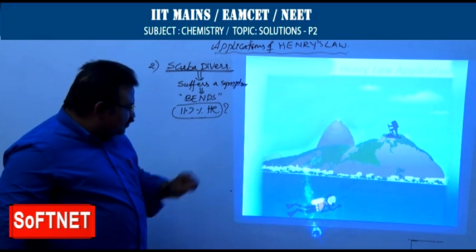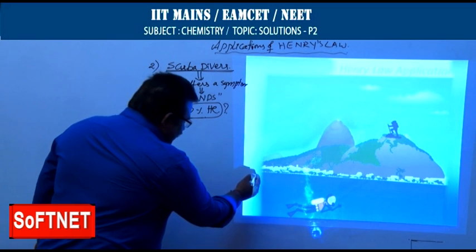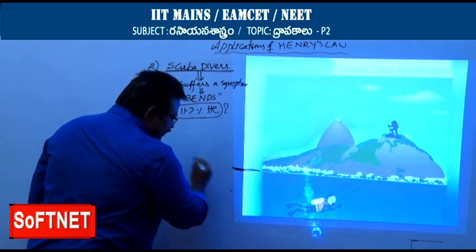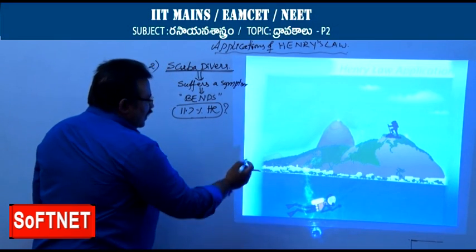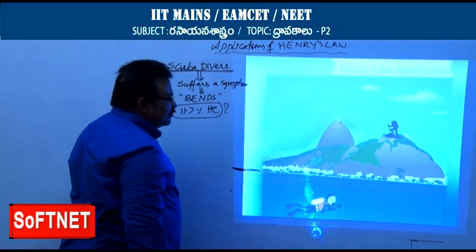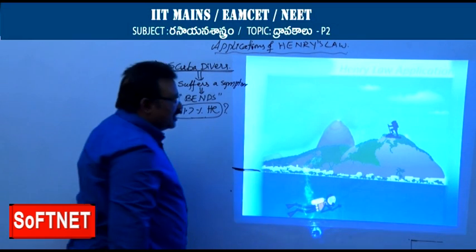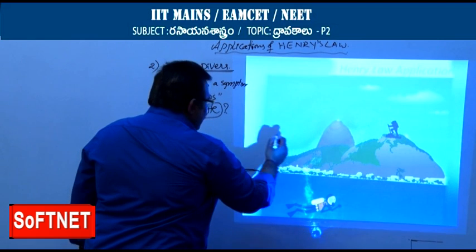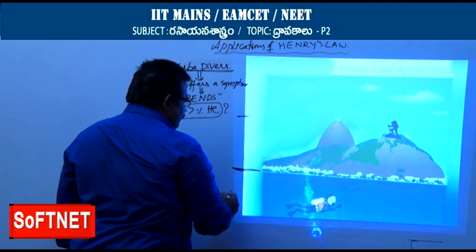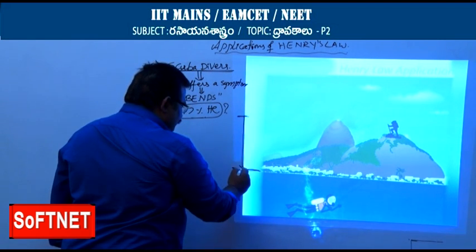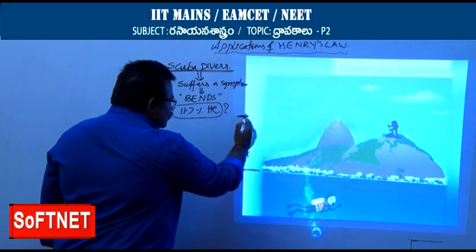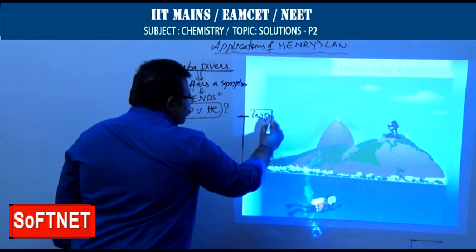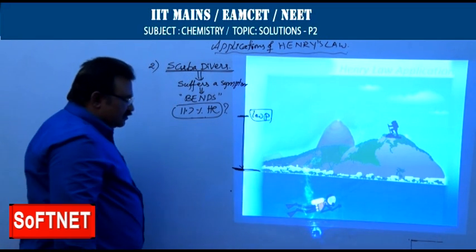If you observe carefully, this is the sea level and this is a mountain. This fellow is a mountaineer at the hilltop. At the mountain top, there is low pressure of the gas.